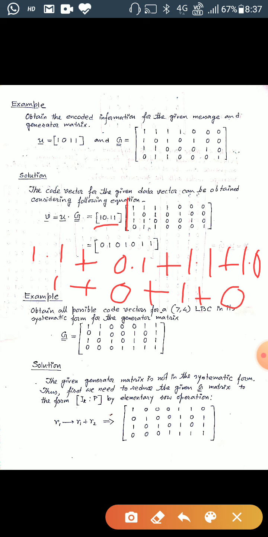If you apply mod 2, then 1 plus 0 is 1, 1 plus 1 is 0, so the ultimate answer is 0. Again I repeat that we are doing a mod 2 operation.